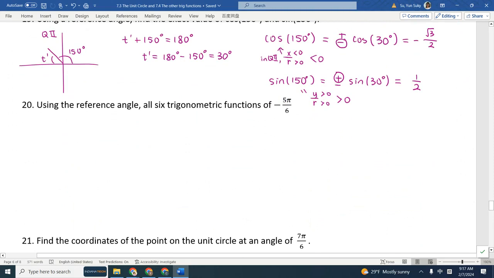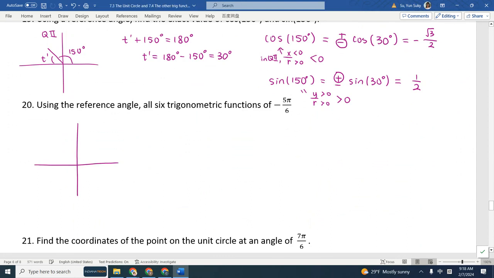Using the reference angle, find all 6 trig functions of negative 5 pi over 6. So let's draw the picture. Negative, what does that mean? It goes clockwise instead of counterclockwise, right, everybody?